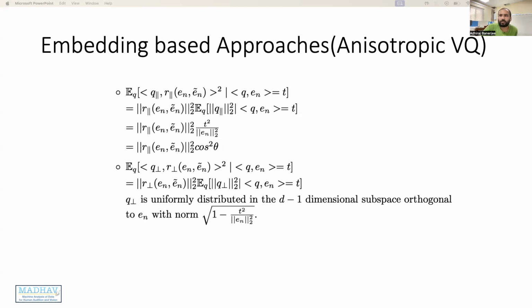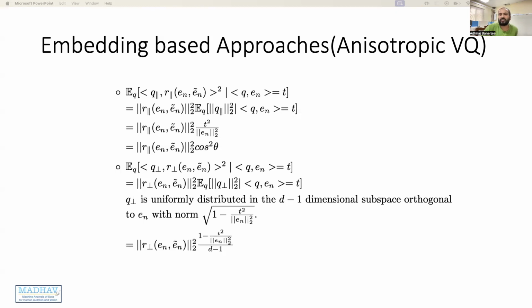Now, the perpendicular component of the query is uniformly distributed in the d-1 dimensional subspace orthogonal to the embedding en, with a norm of root over 1 minus p squared by the squared norm of the embedding en. For the three-dimensional case, you can imagine the perpendicular component of the query to be vectors uniformly distributed in the plane whose normal vector is aligned with the embedding en. So any vector lying in this plane is orthogonal to embedding en.